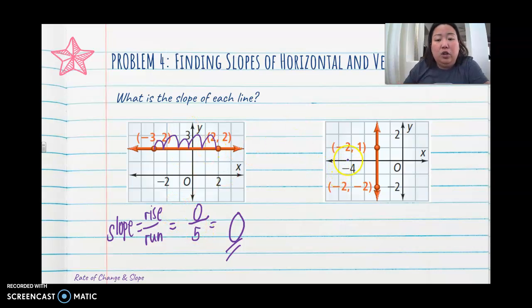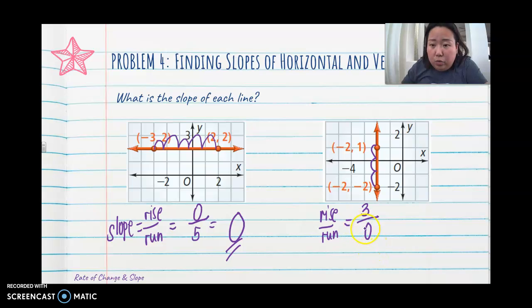Now let's take a look at our vertical line. We have rise over run again. Our rise is 1, 2, 3, positive 3, 3 up. And our run, we didn't go left or right, and so that is a 0 run.